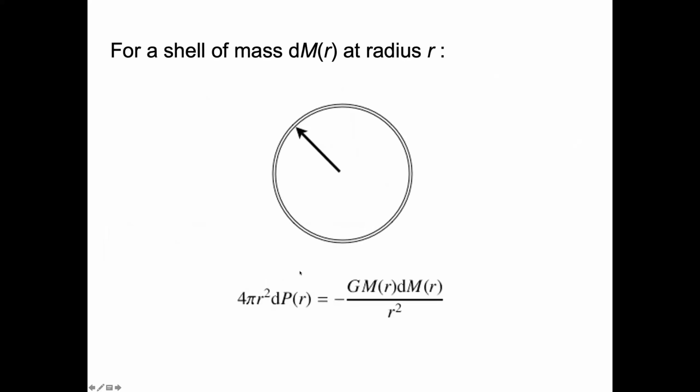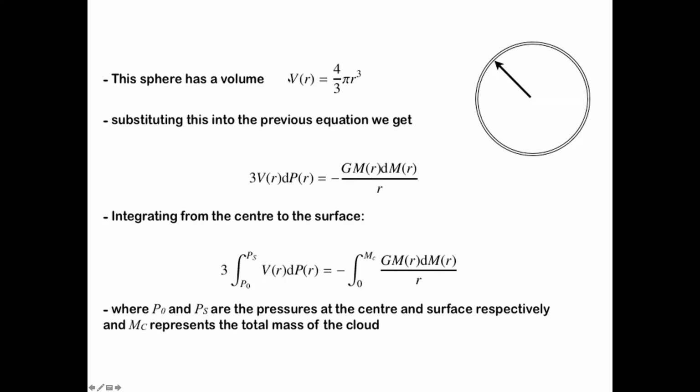I'll just show you again. So remember, we start from here, and then you go here. So you have now the volume. So you have 3 times the volume at the radius r in the dP. And then this must be equal to minus G M_r dm_r over r.